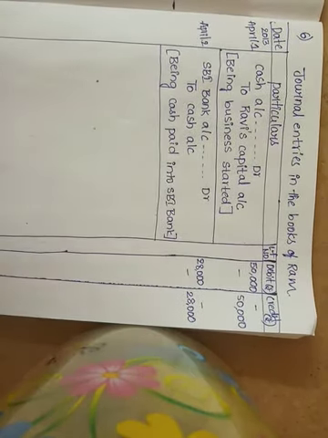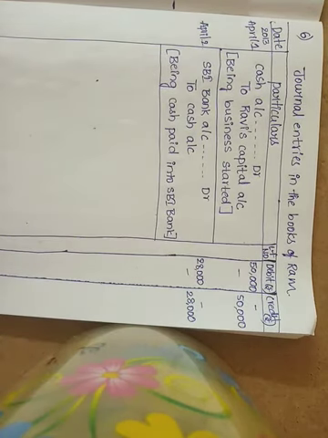Next is April 3rd, bought goods for cash. Since cash is mentioned, it is a cash transaction. Bought goods means purchased goods for cash. Goods are coming into the business, so instead of goods we write purchases. Cash is going out, so cash will come under the credit side.